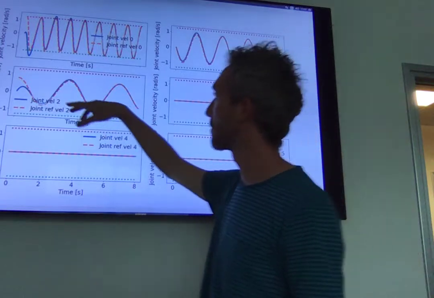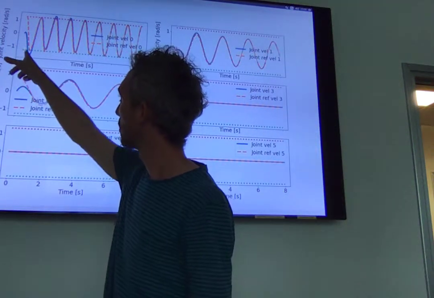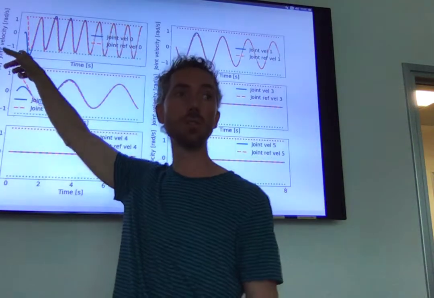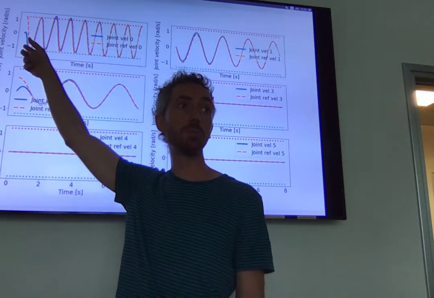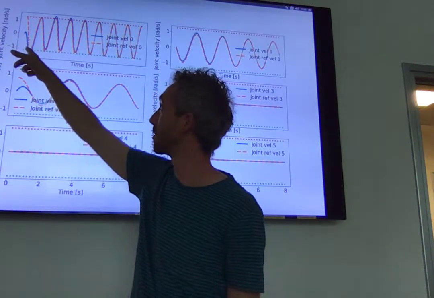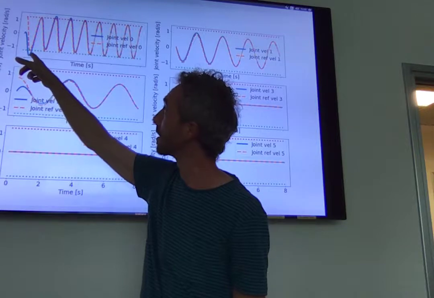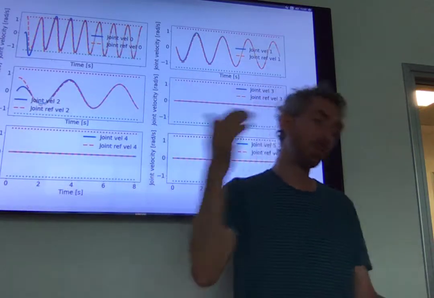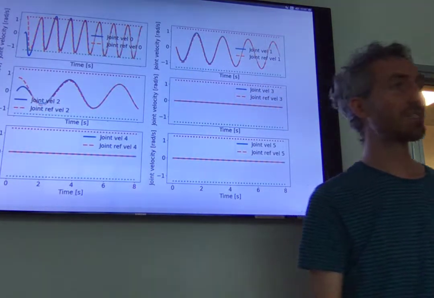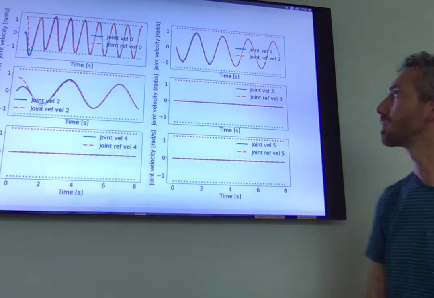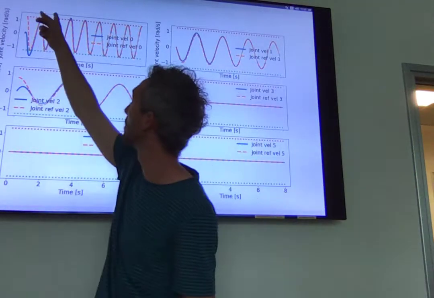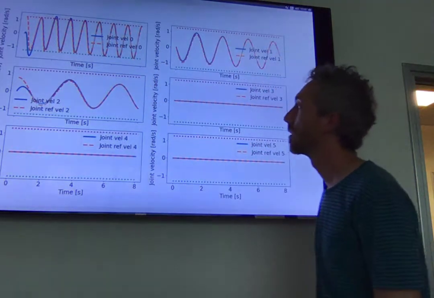And we can see that for this joint, we have a violation of the joint velocity limit, because the velocity of the joint is less than the lower bound. And here it's more than the upper bound.